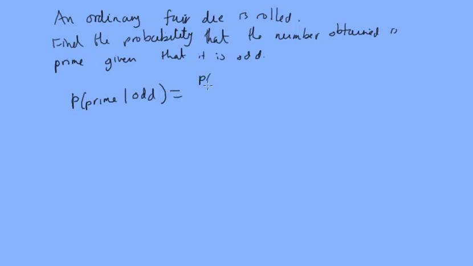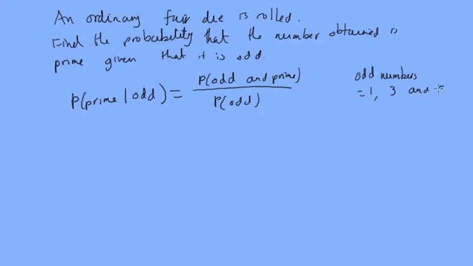So the probability of odd and prime over the probability of odd. Now, the odd numbers are 1, 3, and 5. So the probability of odd is going to be 3 over 6.